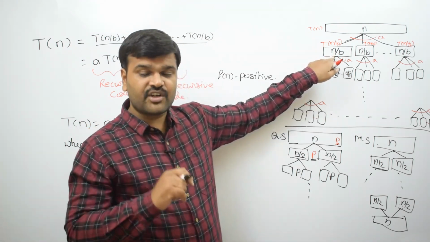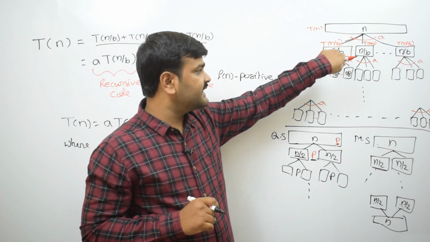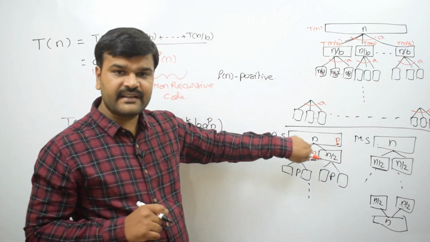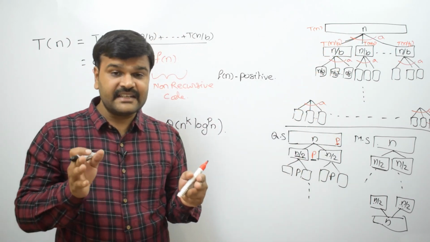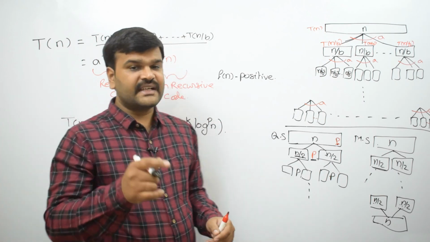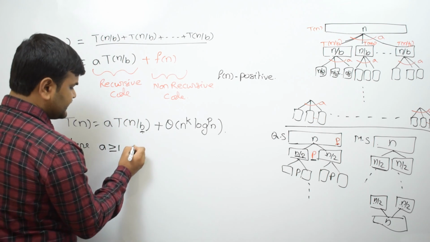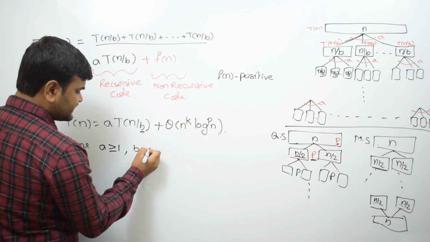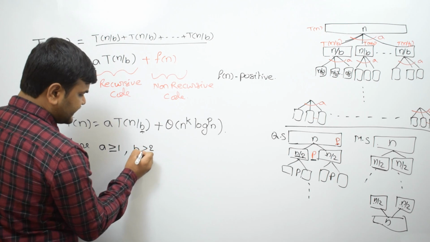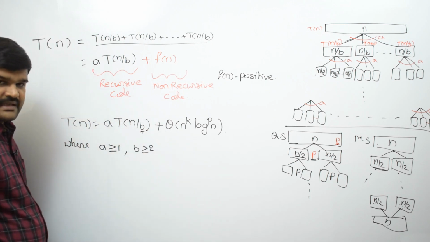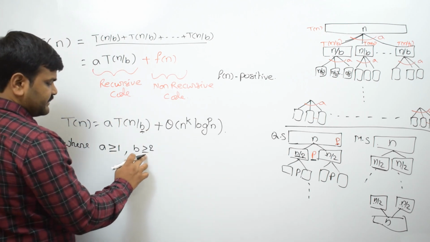Every time the size is not changing. Here n, here also n, here also n, everywhere it is n. So where is the end for that recursive call? That is why b should not be 1. It may be at least 2, or greater than or equal to 2. That is what b is.